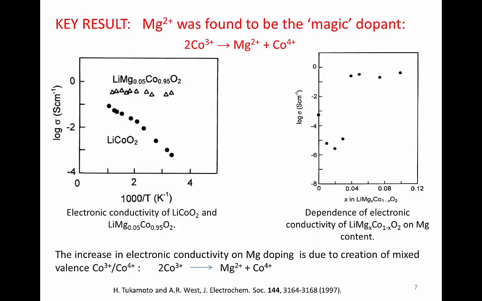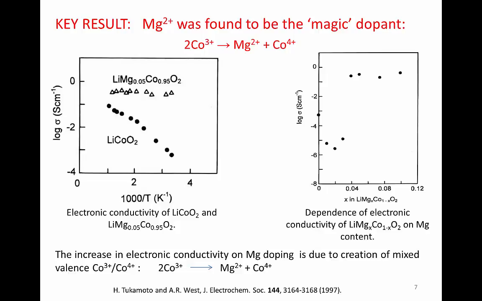And the next slide shows how that is achieved, and the magic dopant is magnesium. So magnesium 2+. Magnesium doesn't contribute anything to the redox performance because it's fixed as Mg2+.